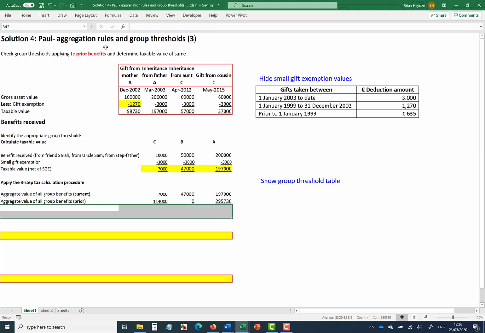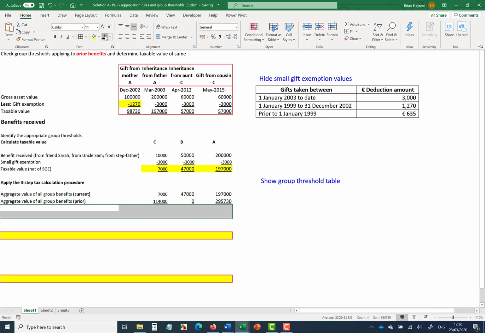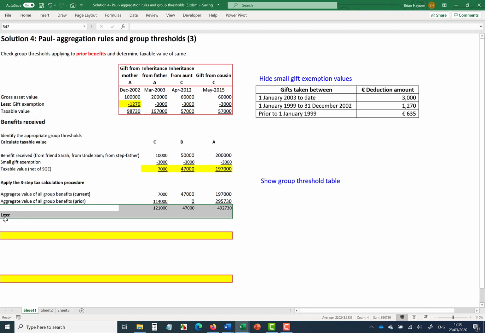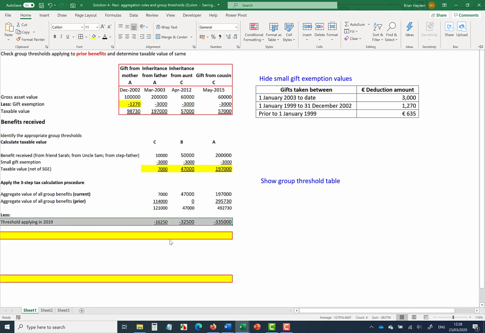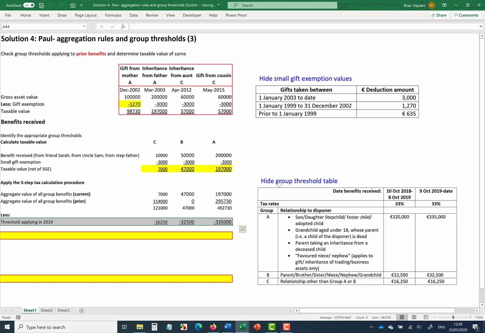So we compare then the thresholds, 2019 thresholds. Okay, so the thresholds that applied for B and C didn't change at all during the year, just to show those thresholds. So the B and C thresholds, no matter when in 2019 you received the B or C benefit, the thresholds remained the same, but the A threshold did increase from 9th of October, and that affects the benefit from his father.